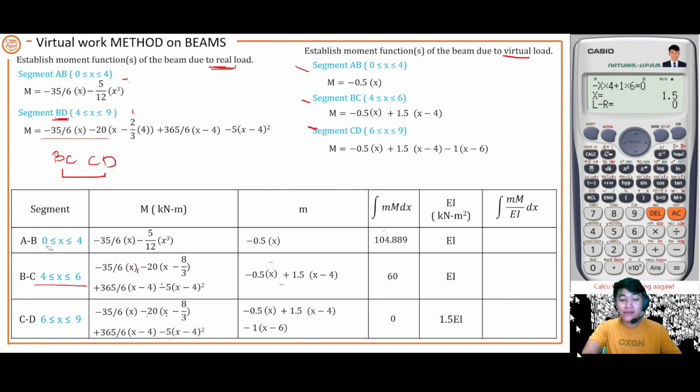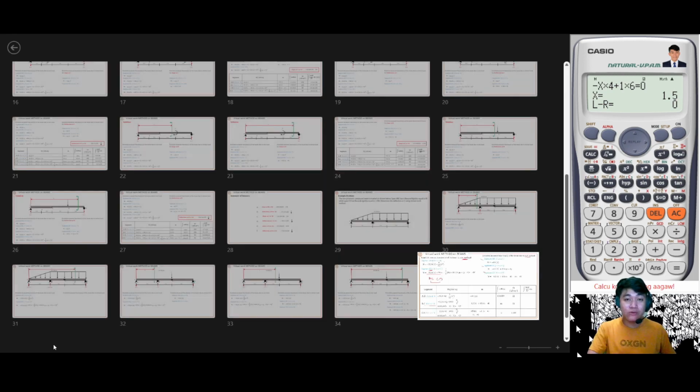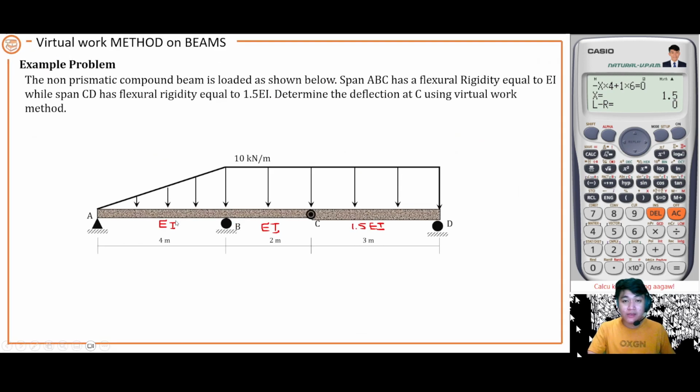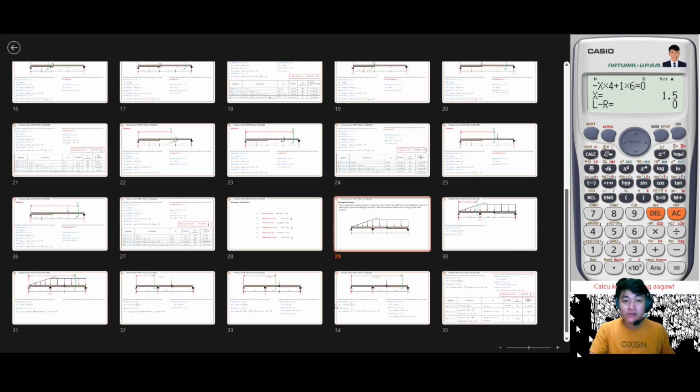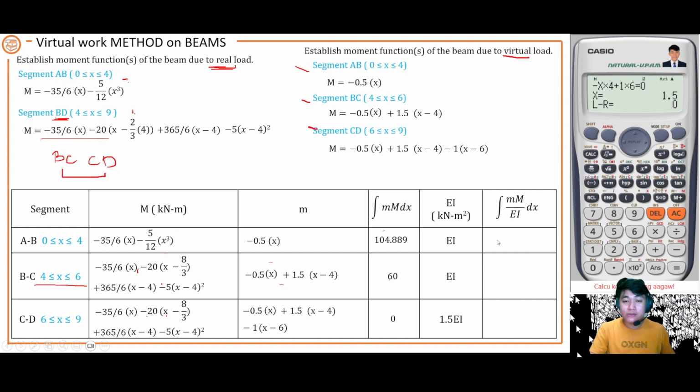Now, take note, if we are going to go back to our figure, segment AB is EI, and segment CD is 1.5 EI. Okay, so therefore, just divide this by EI. We don't have the exact value of EI. Divide this by EI and divide this by 1.5.